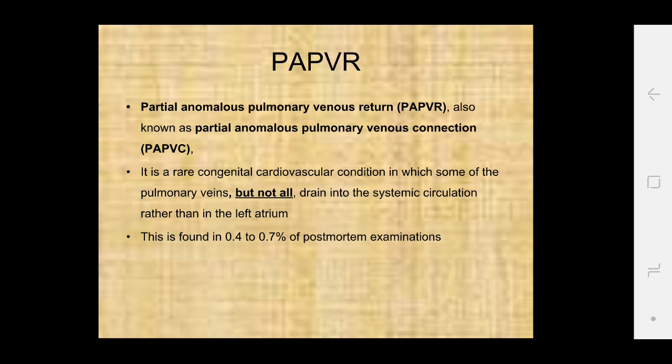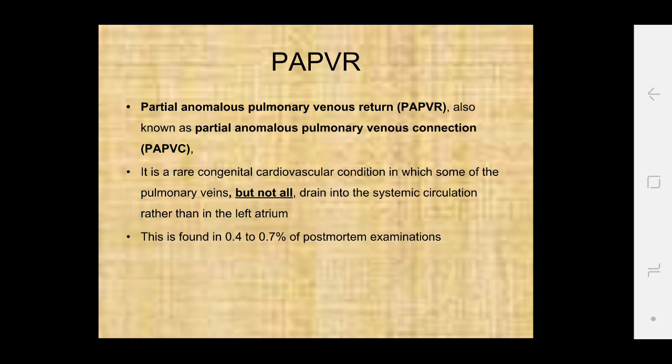The other type of anomalous venous return is the partial type. We said if 1, 2, or 3 of the pulmonary veins fail to drain to the left atrium and drain somewhere else, it's partial anomalous pulmonary venous return or partial anomalous connection.